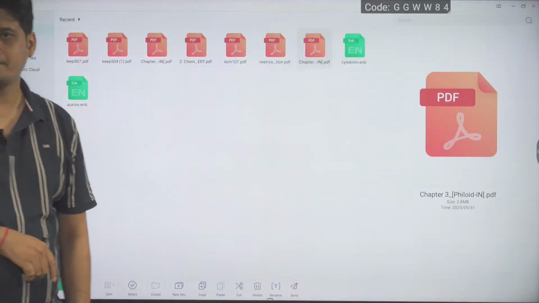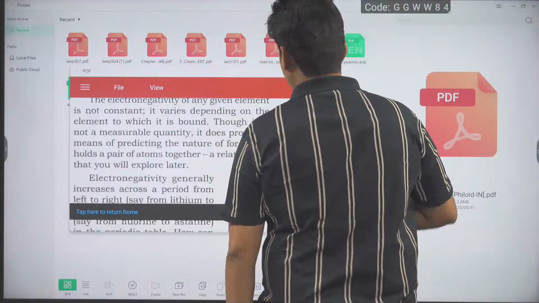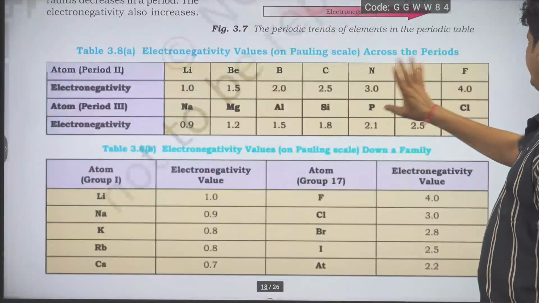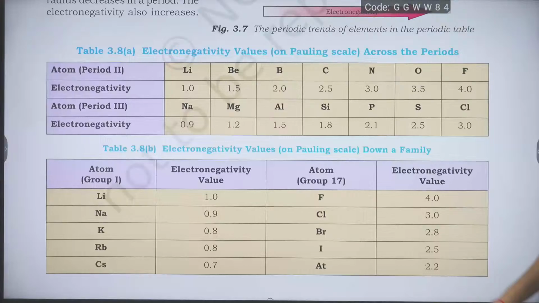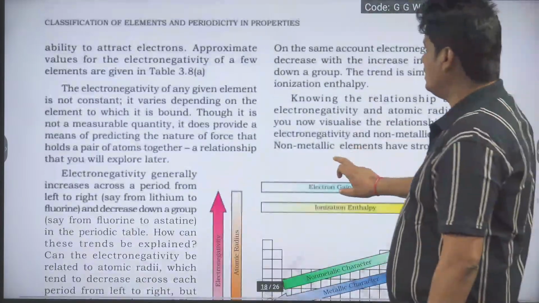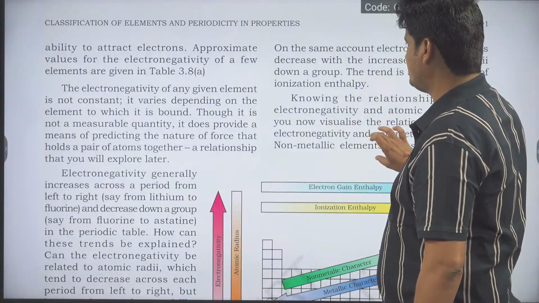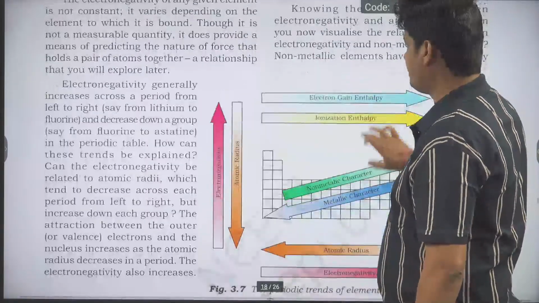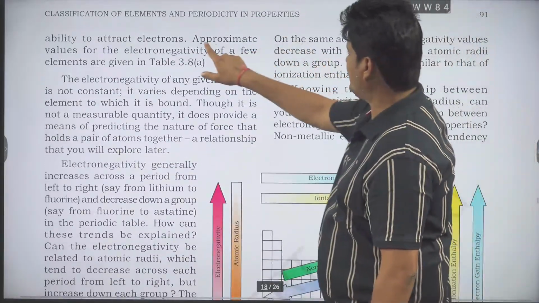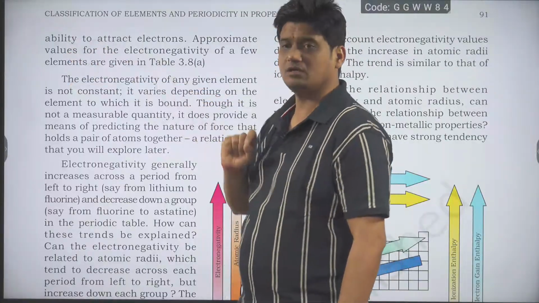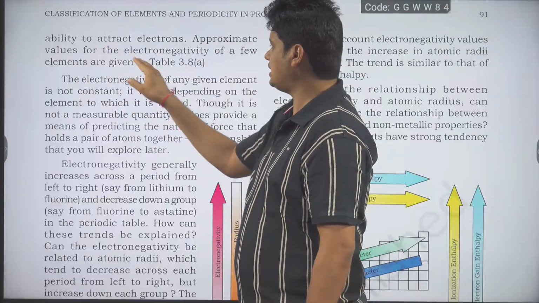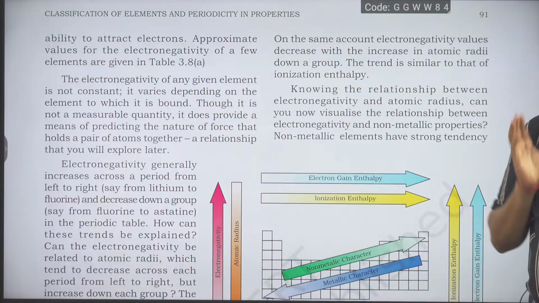See, in periodic table NCERT, you can check. For nitrogen they are writing 3, for chlorine also they are writing 3. And they can justify by saying that here they gave one disclaimer: approximate values for the electronegativity of a few elements are given in table number 3.8.